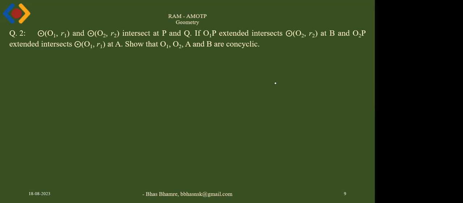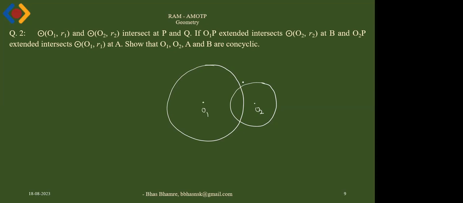Okay, so let's draw the figure. Circle with center O1 and radius R1, and there is another circle. This is O2, this is O1.